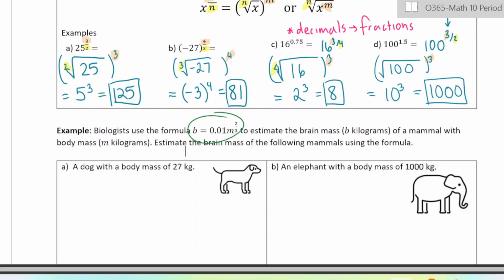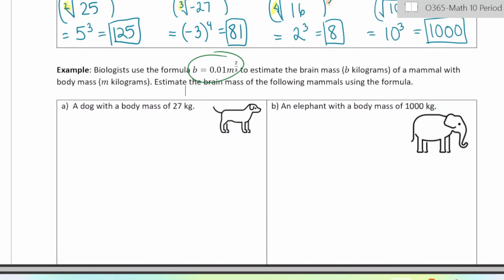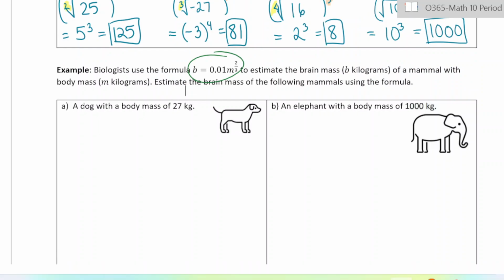Maybe we can do that one together, and then you guys can try the elephant. Okay, so we're figuring out their brain mass, and we're going to plug in the number they give us. So here they give us the body mass to be 27. So the m is going to be replaced in the equation with 27. So we'll have 27 to the power of 2/3.